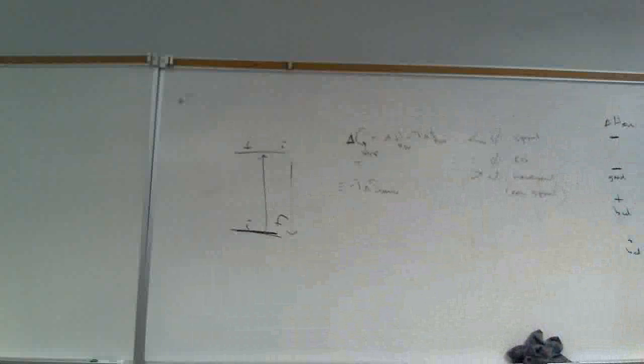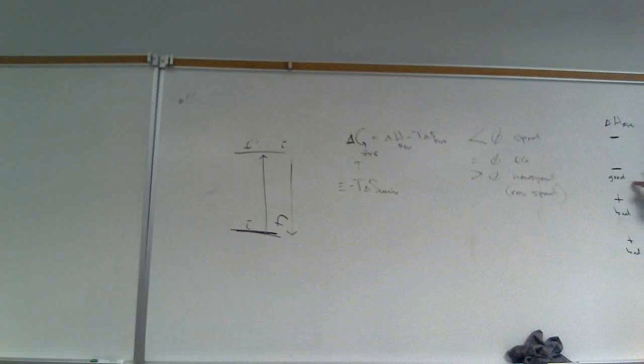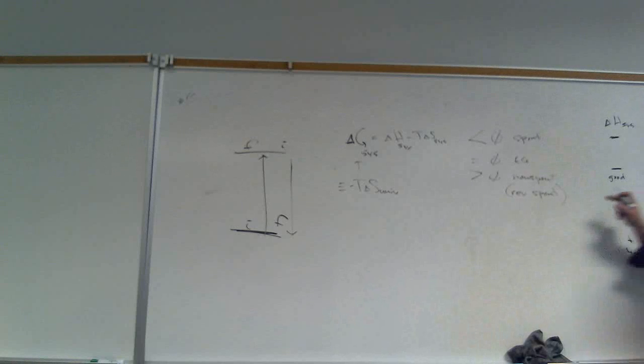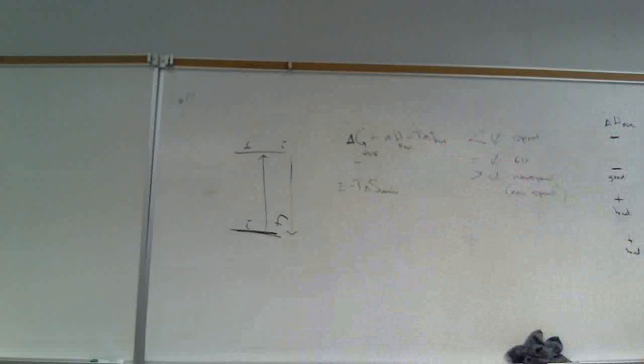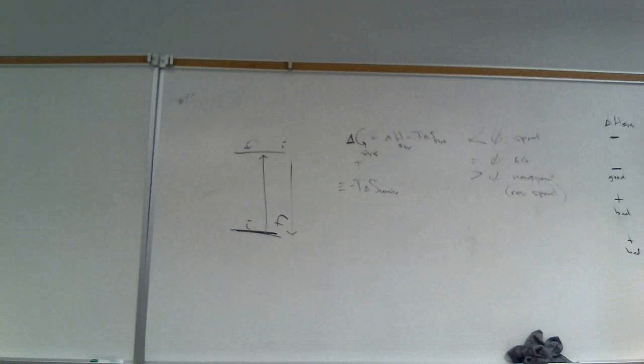So what about these two? We have a conflict here. Which one dominates? It depends. The entropy term can be minimized by decreasing the temperature. So for the first scenario, we can say that this is spontaneous at low temperatures, but non-spontaneous at high temperatures.